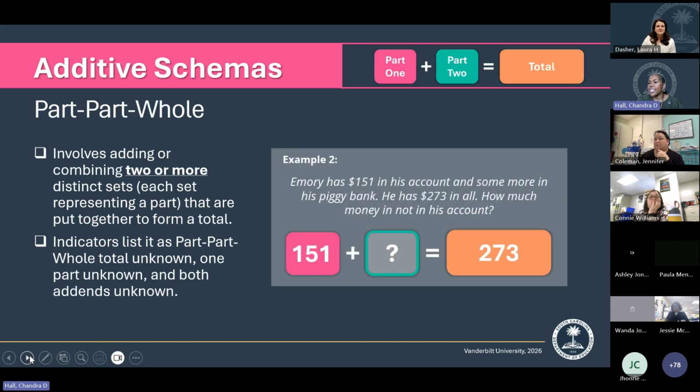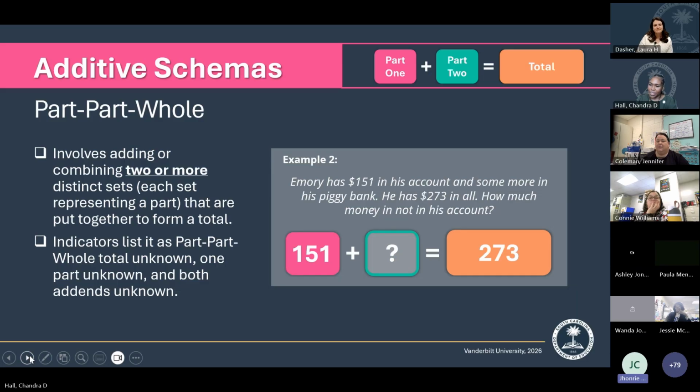All right, a second example of a part, whole situation. Emery has $151 in his account and some more in his piggy bank. He has $273 in all. How much money is not in his account? So here we've organized this. Which type of example do we have here?